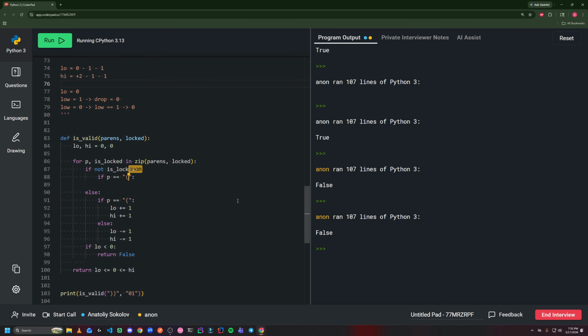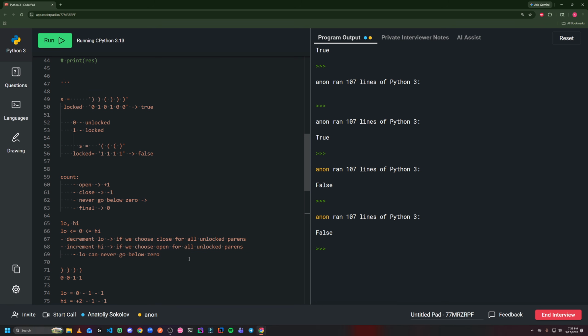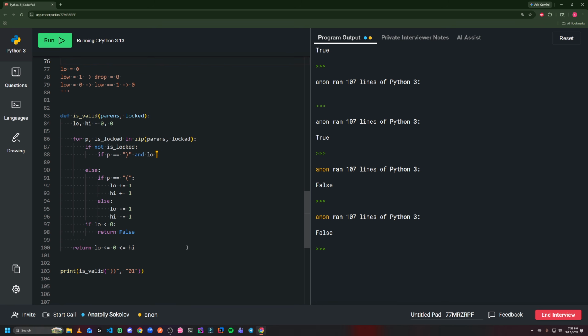So I think we're saying that if, I'll try and write the logic I had here. So if it's unlocked, does the parenthesis you have matter? Oh, good point.